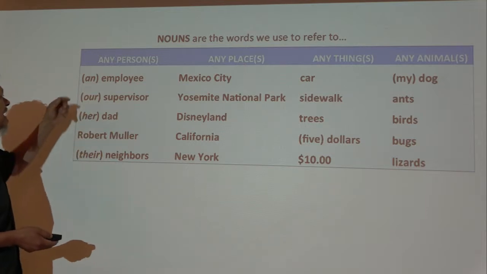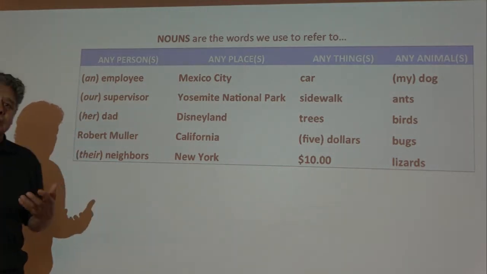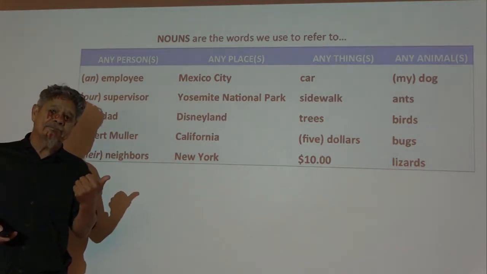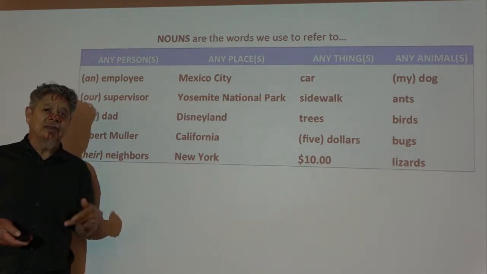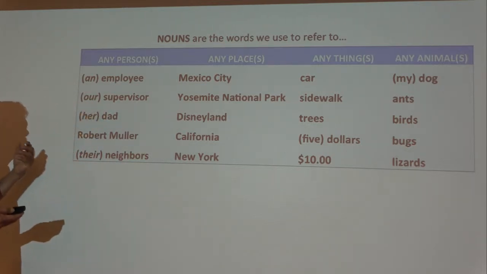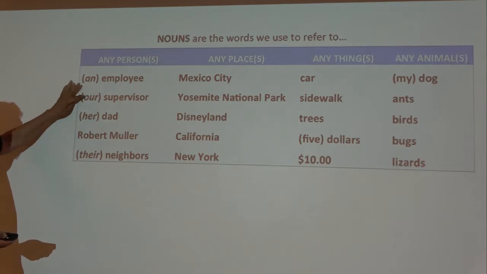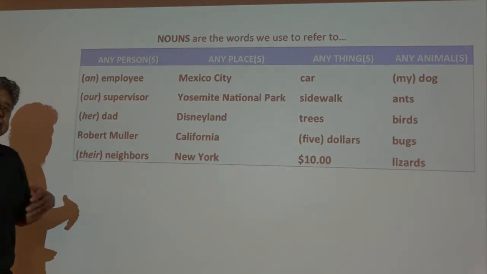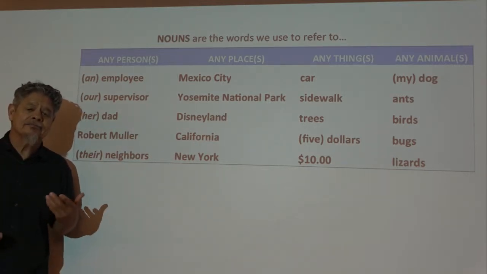The first is that we don't include the articles a, the, or an as part of the noun. We also don't include any adjectives that may be describing the noun.